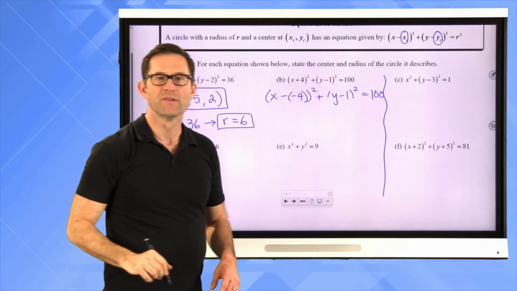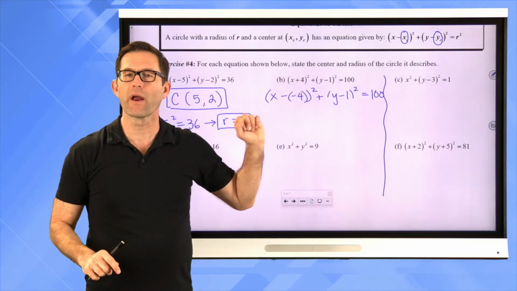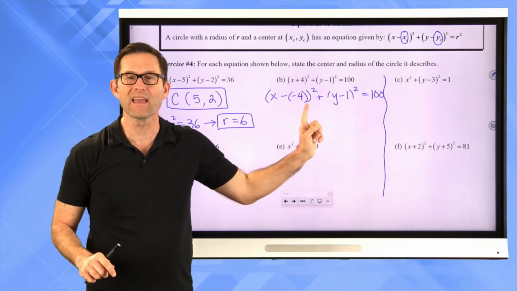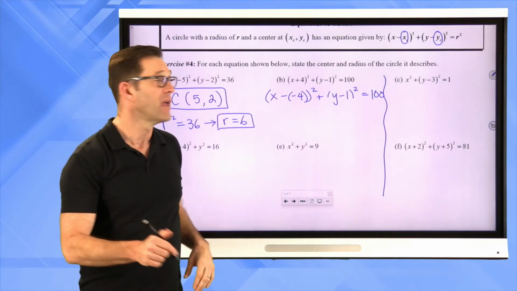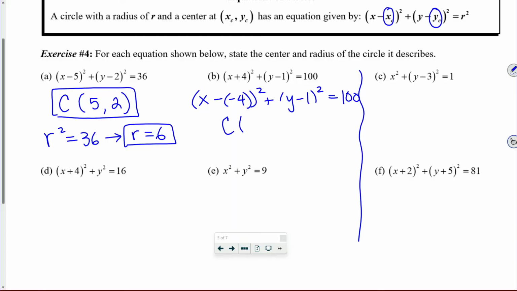So x plus 4 squared is the same as x minus negative 4 squared. And then the y minus 1 is okay, in which case the center is at negative 4, 1, and the radius squared is equal to 100, which means the radius must be equal to 10.